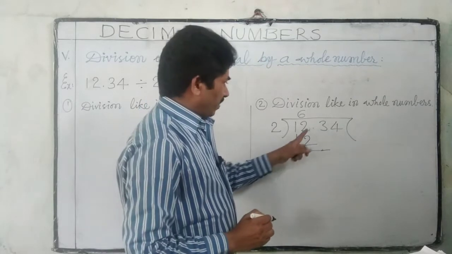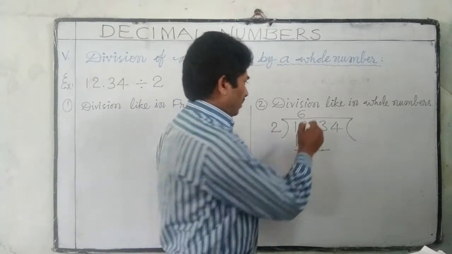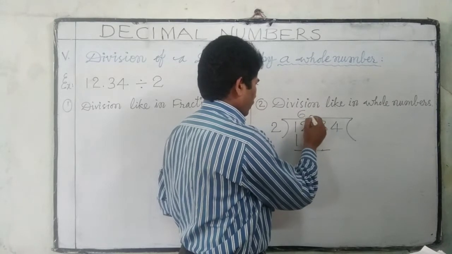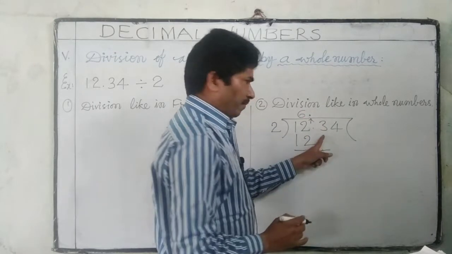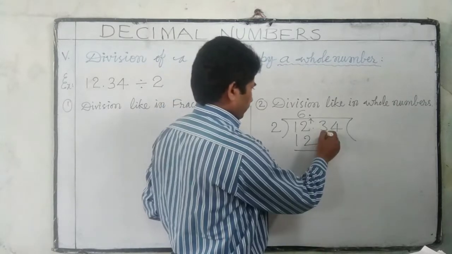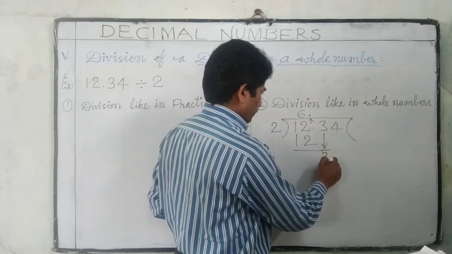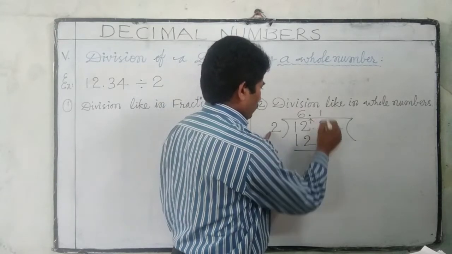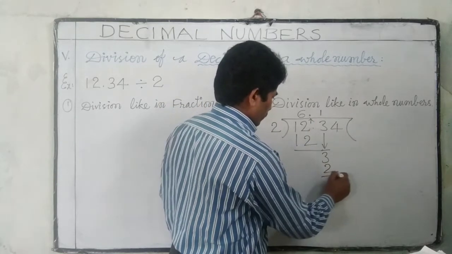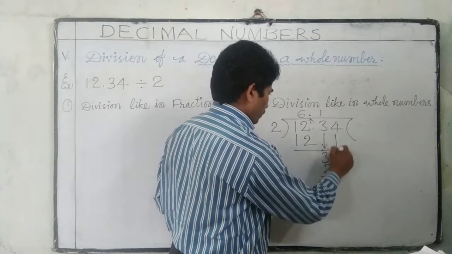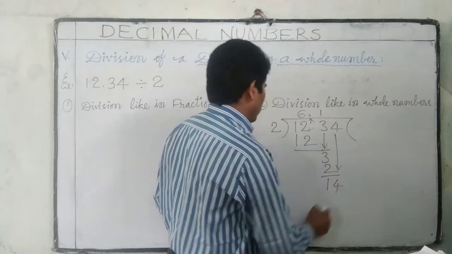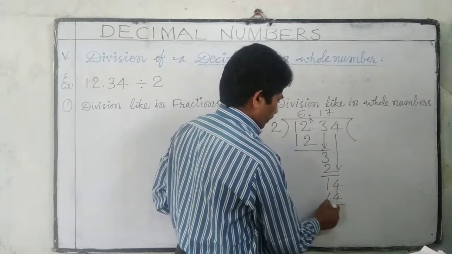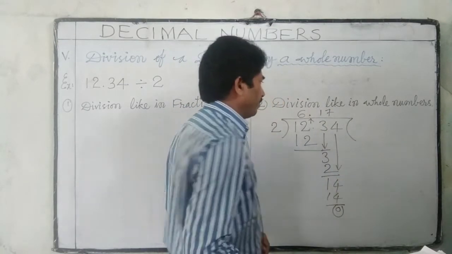We have to keep this decimal point directly in the quotient before bringing down the tenth place. 2 ones are 2, 1. 4, 2 sevens are 14, 0.